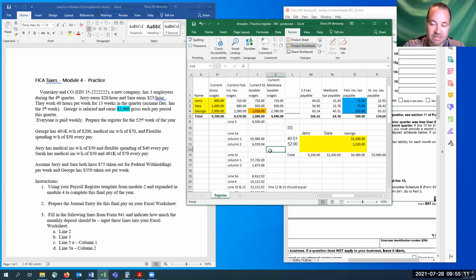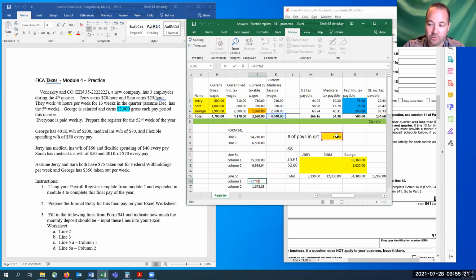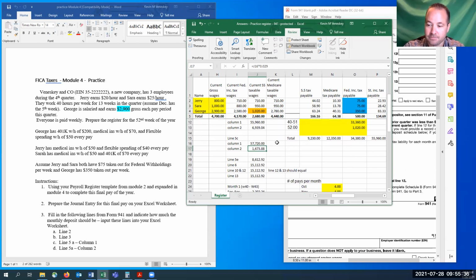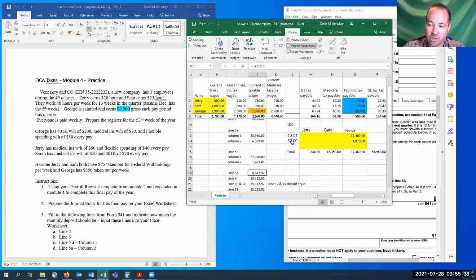Column 5C is the easy one. All you've got to do is take the 4,400 in Medicare wages. Nobody hits a cap because there is no cap, and simply multiply it by the 13 weeks. This number should auto-populate, multiplying this by 2.9. Line 5E should auto-populate.